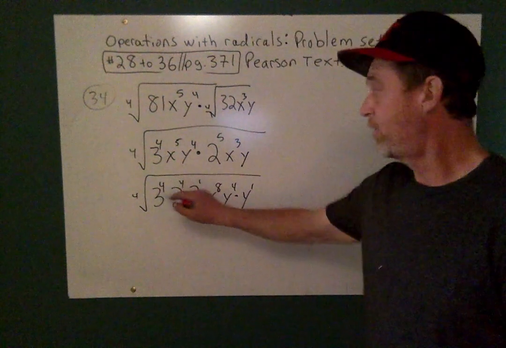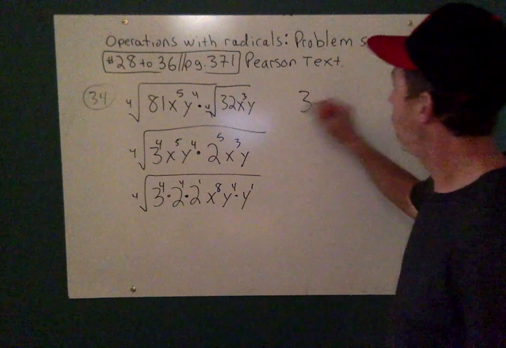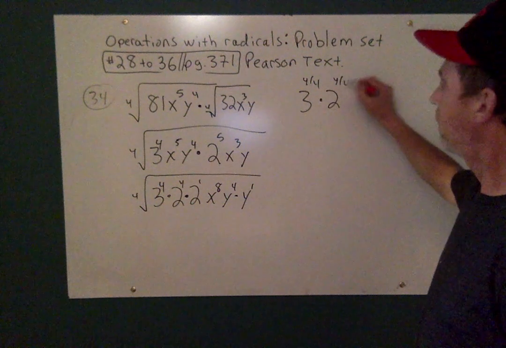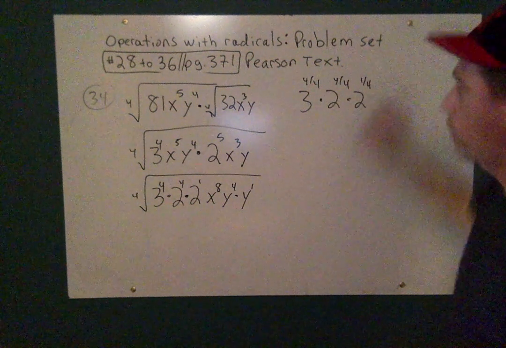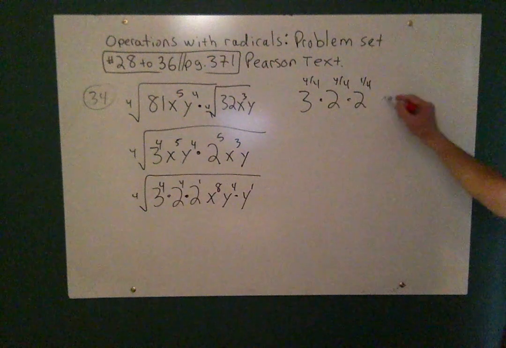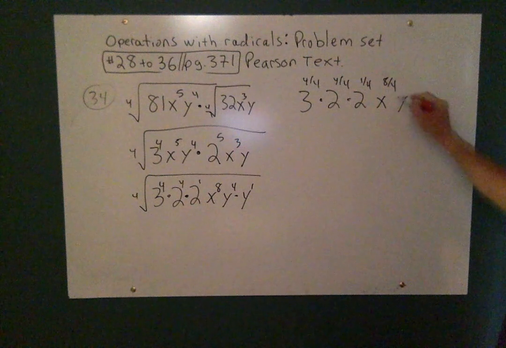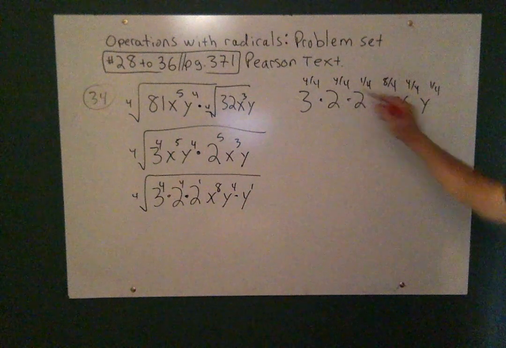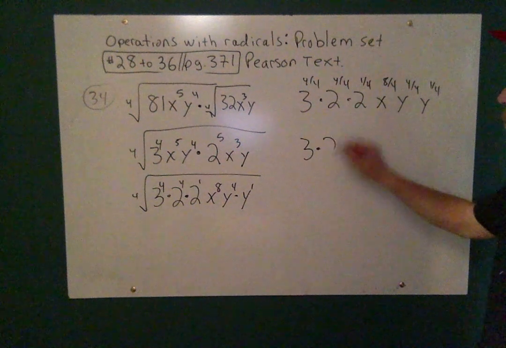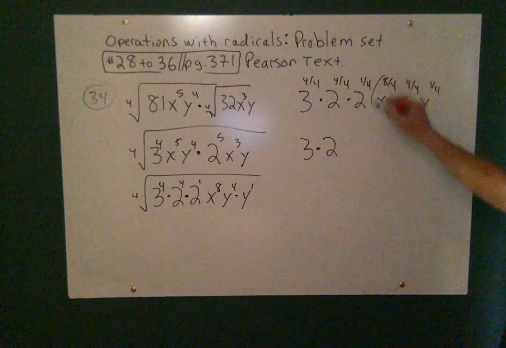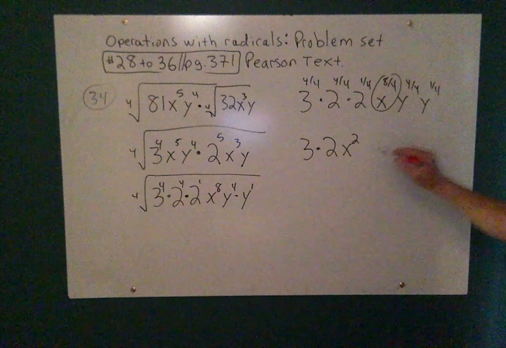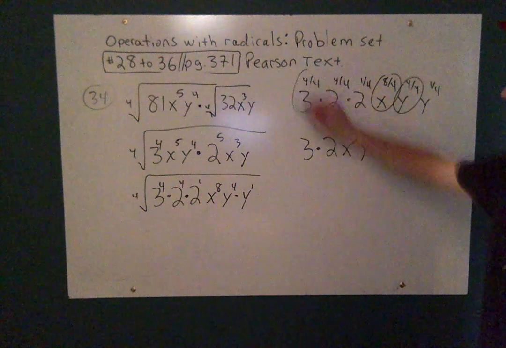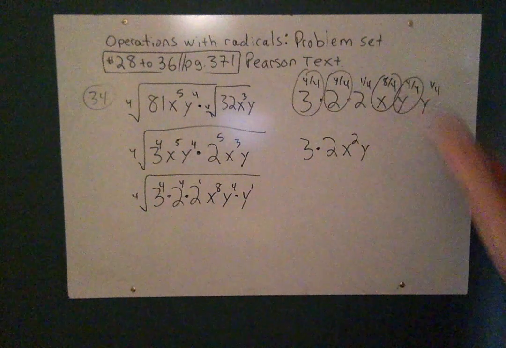Now I'm going to write each base with its rational exponent, 4 over 4, 4 over 4, 1 over 4. I'm just copying the bases and putting the denominator for each of them. 8 over 4, 4 over 4, 1 over 4, and I end up with 3 times 2, 3 to the first, 2 to the first, x to the second, y to the first, and the ones that are left have the 1/4 power.